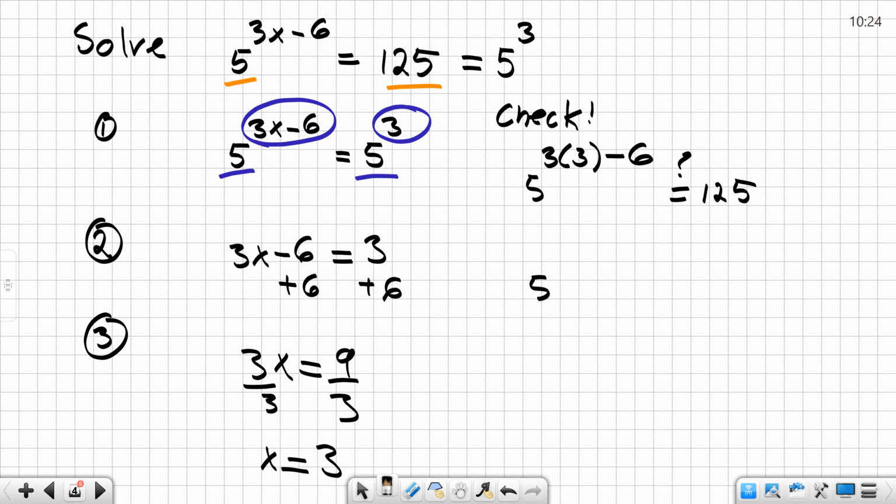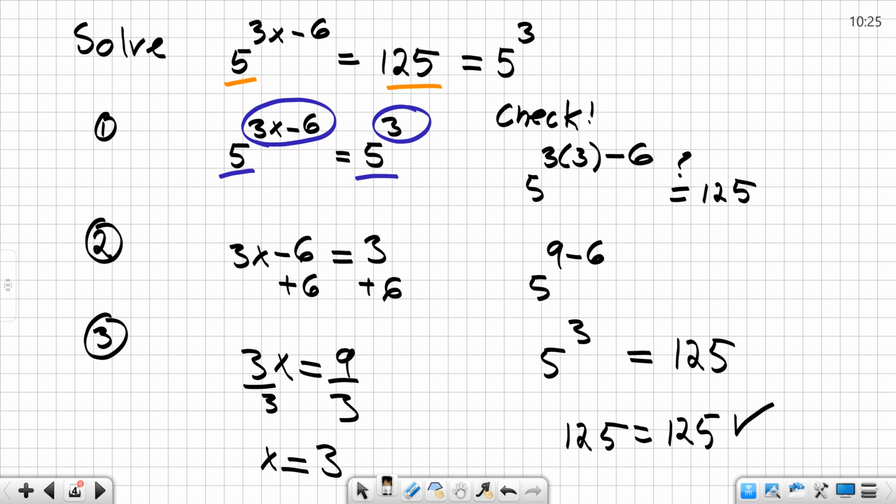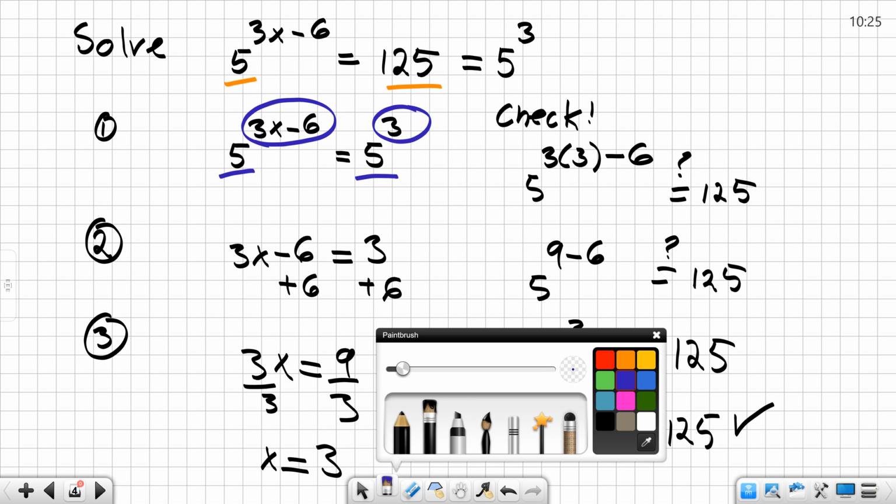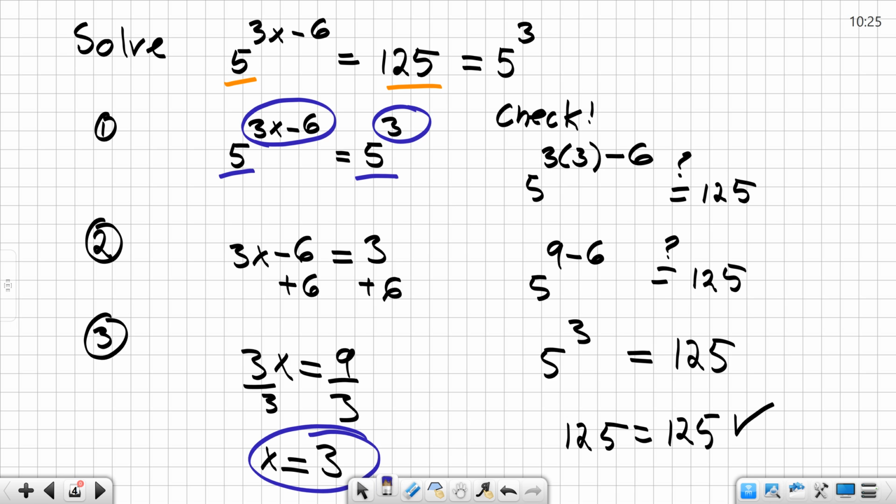So what do we have in the exponent? 3 times 3 is 9 minus 6, which is 3, so 5 raised to the 3, which is indeed 125. 125 is equal to 125, which is a true statement. Which means that we have found our solution, and the solution was 3.